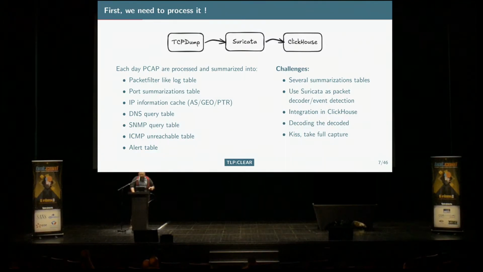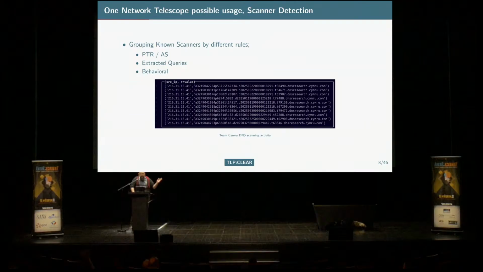So the first question is what we have inside that and what we could extract. So first, what we do is to try to split from the data the known scanners. Because, you know, there are tons of scanners, some legal, let's say that. They ask for payment. Some more obscure, or people are scanning by themselves.